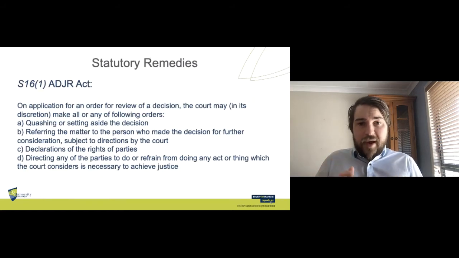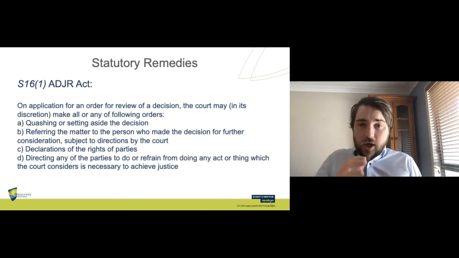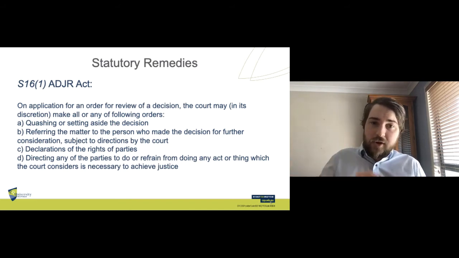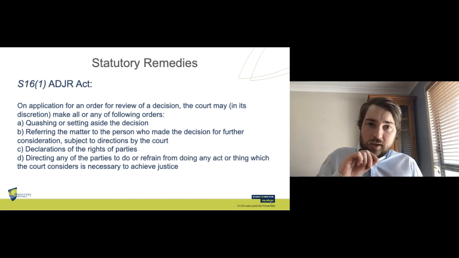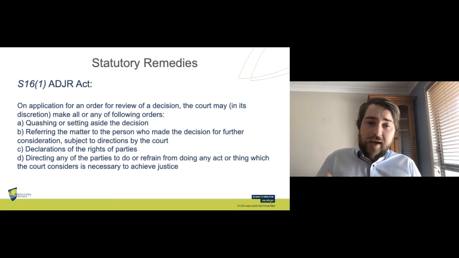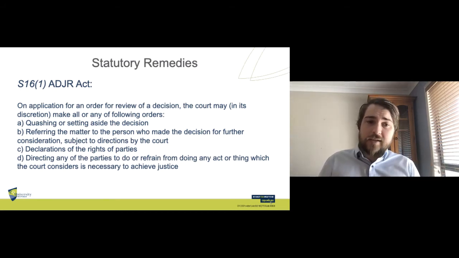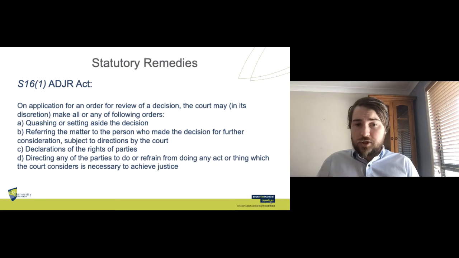In thinking about the remedies themselves that are available, because throughout this unit we've been focused largely on statutory grounds of review under the Administrative Decisions Judicial Review Act, it makes sense to start with the remedies that are provided for in that act. So Section 16 lists the remedies that a court may, in its discretion, make.